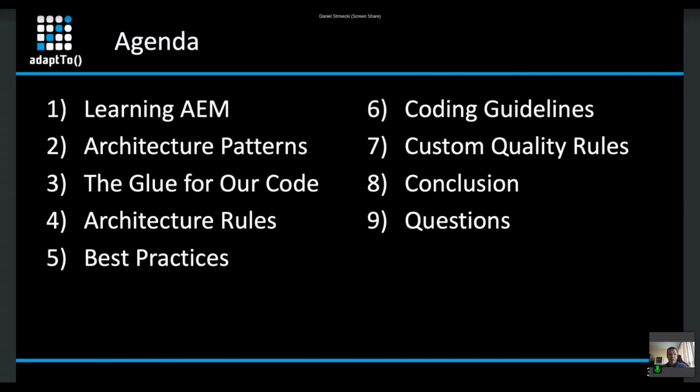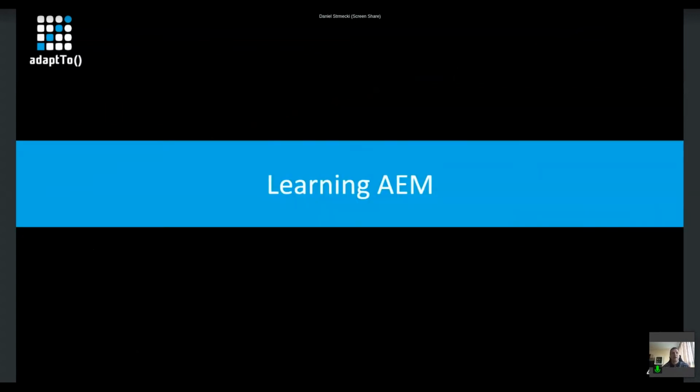And we're going to look at some best practices in AEM development, how to document them, how to create a set of coding guidelines from those best practices, and then finally how to automate the actual application of the guidelines on your project using custom quality rules. In our example, it's going to be in SonarQube. And of course, I will try to leave some time at the end for questions.